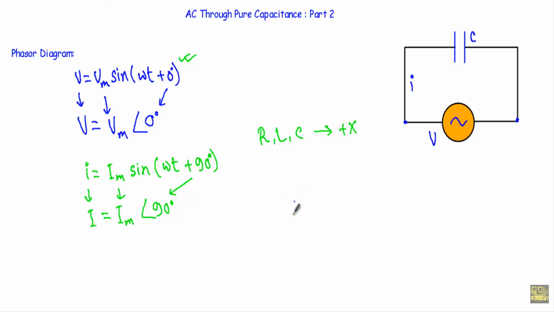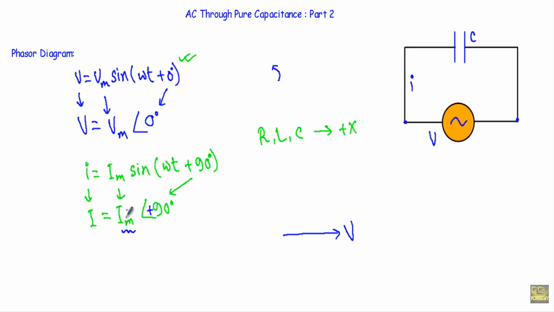That means the voltage phasor will go in the direction of the positive x-axis. Now look at the current phasor. Here you will see the current phasor has a magnitude of Im and a phase angle of plus 90 degree. Plus 90 degree means I have to rotate in counterclockwise direction if I want to draw the current phasor.